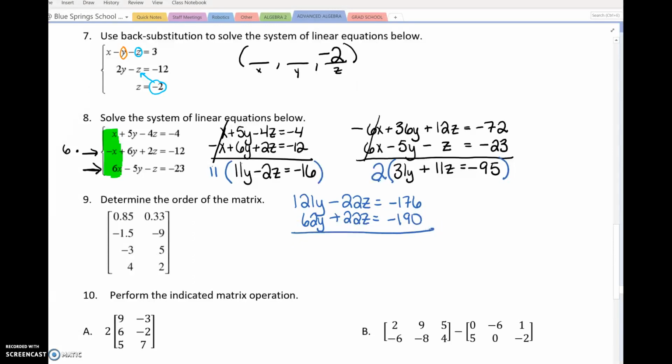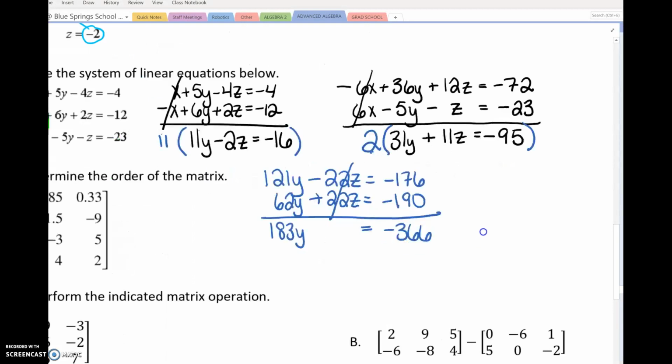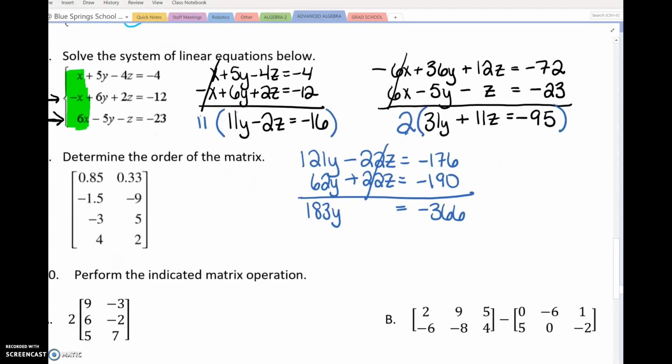Add those together. We get -183y equals -366. Divide both sides by 183. Sorry, I'm totally talking crazy right now. And we get y equals -2.